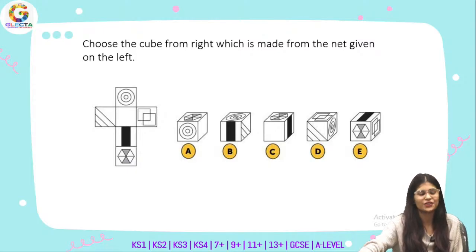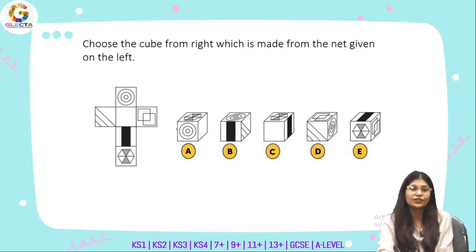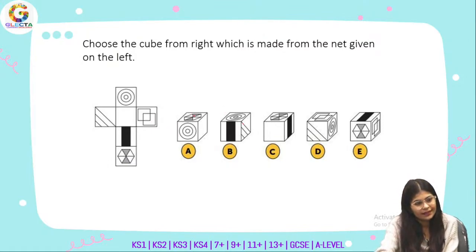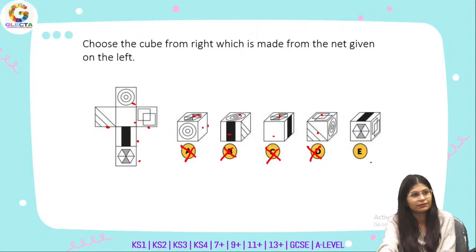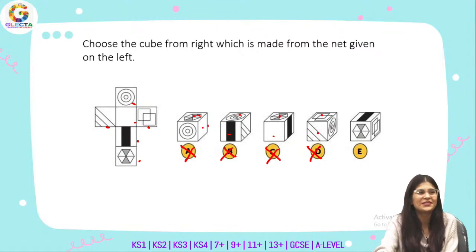Okay, let's try and solve this one. So, eliminating the opposites first. That's what I'm going to do. This one and this one are opposites here. They have a one block gap in the middle. Looking at this one and this one, again opposites. So no. This one and this one, opposites. So no. This one and this one are also opposite. So no. I'm only left with E. Okay, perfect.